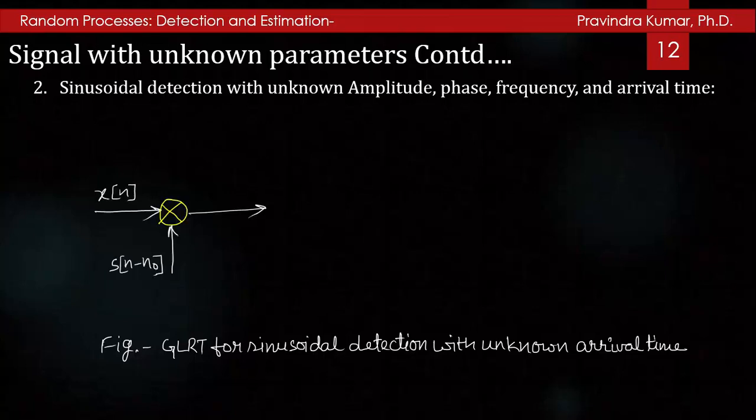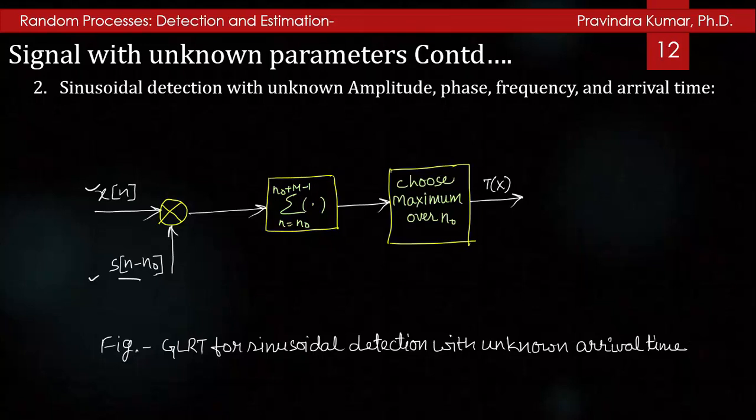First of all, you will have to take the signal and s[n − n0], because you have to correlate the signal with s[n − n0]. Then taking the maximization, you choose the maximum over n0, and this gives the test statistic, because the test statistic from the previous slide is the maximization over n0 of the summation from n = n0 to n0 + M − 1 of x[n] s[n − n0].